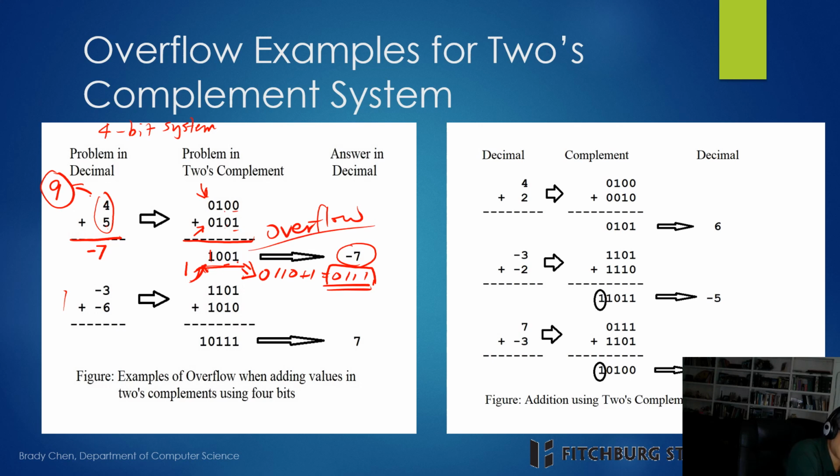Now the next example is -3 and -6. You can easily represent -3 and -6 in two's complement notation for a 4-bit system, right? So -3 is this, -6 is this.